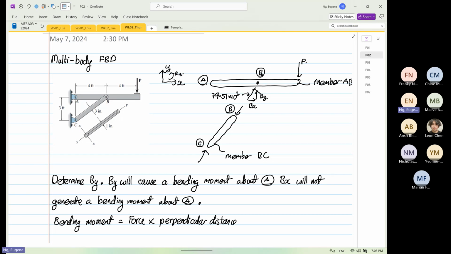And Bx has no perpendicular distance about point A. So that's why it's not considered, but By will.